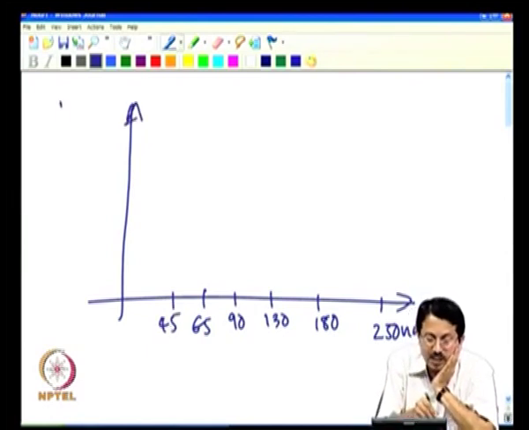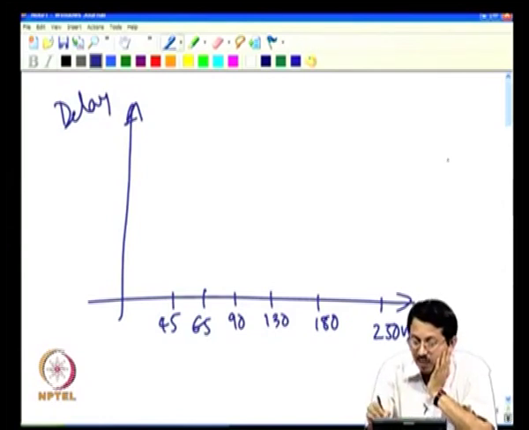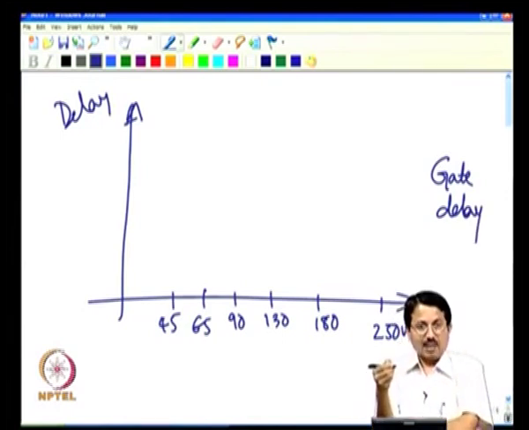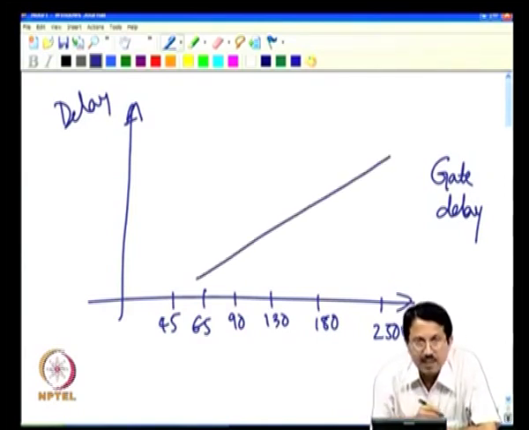And let us look at what happens to delay. We know that as I scale, the transistor becomes very efficient. In other words, if we are talking of gate delay or inverter delay, over the technology generations, inverter delay or gate delay has been decreasing, and that is why in the first place we want to scale.